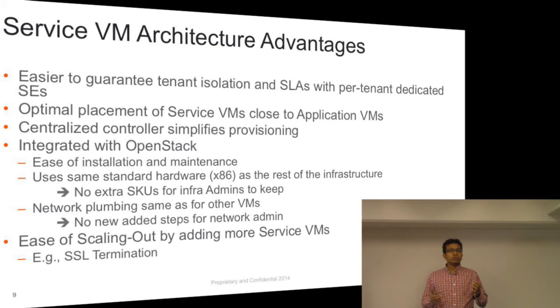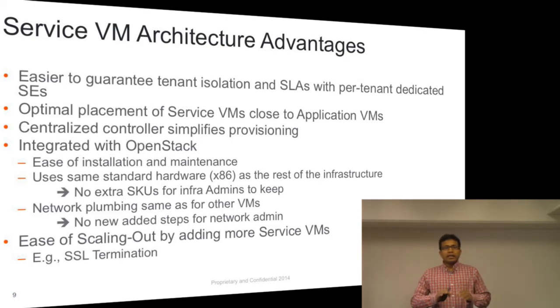And similar to an SDN environment, where a centralized controller that disassociated the data plane and control plane made sense for L2, L3 networking, for L4 to L7 networking we're taking a similar approach by taking out the control plane and putting it in a centralized fashion.